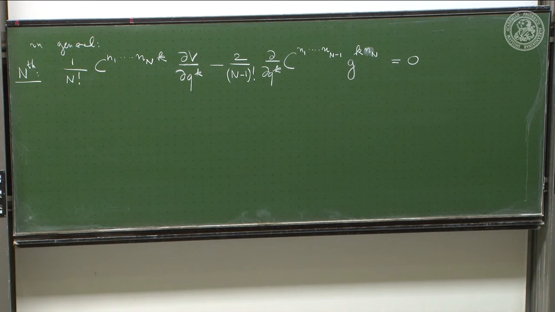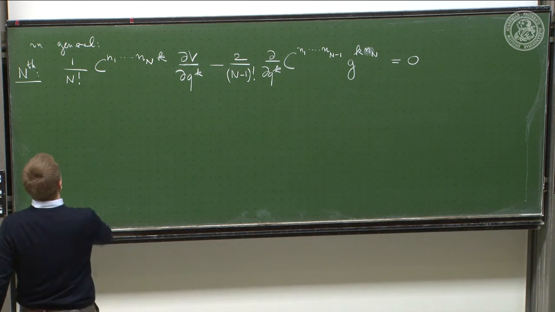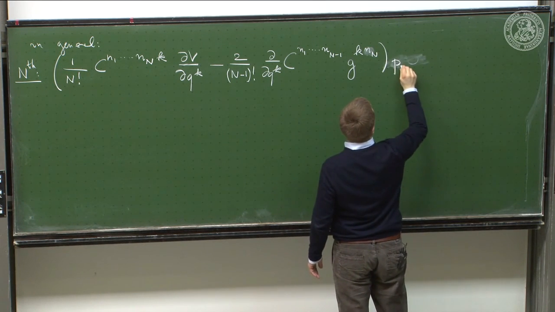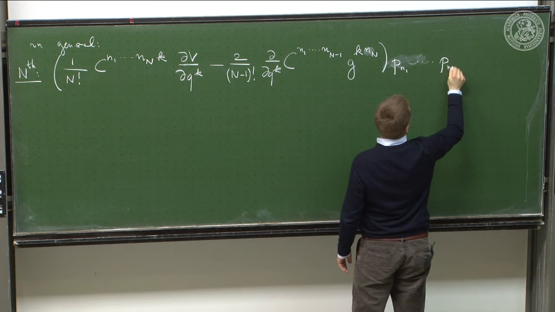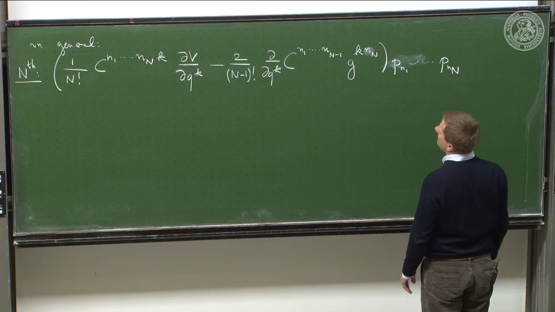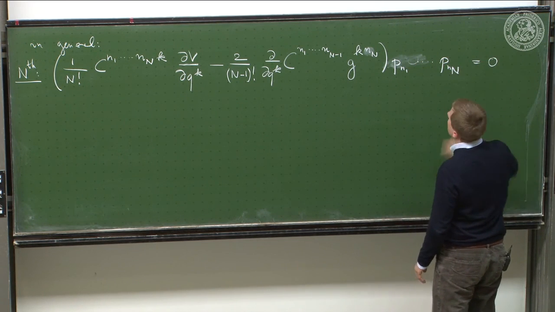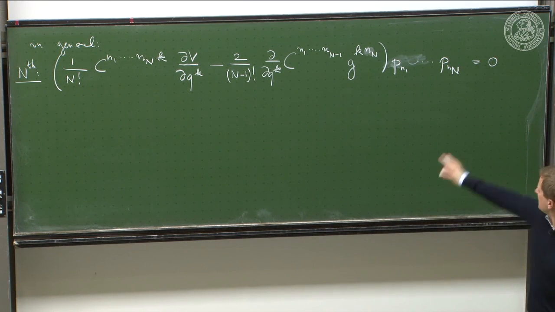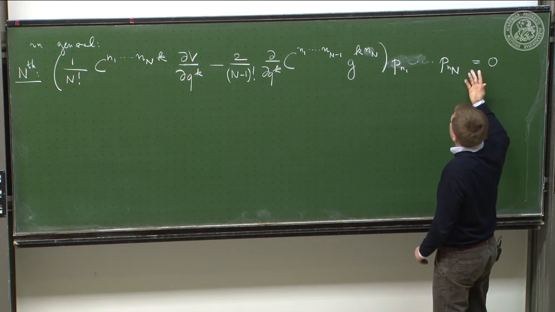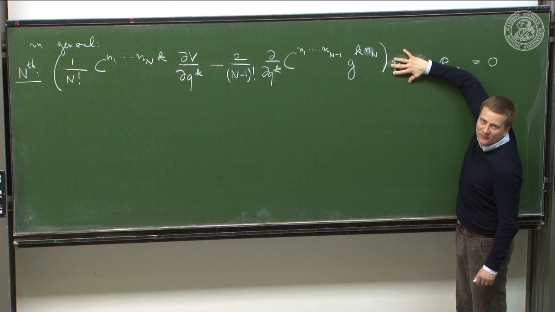Well, it's not wrong yet, but I need to do something in this equation in order for it to be the nth order equation. What did we do? We actually know that this times P_{n1} up to P_{nn} equals 0, right? That's actually the full thing for all P's. So if this is supposed to be true for all P's, this must be 0.